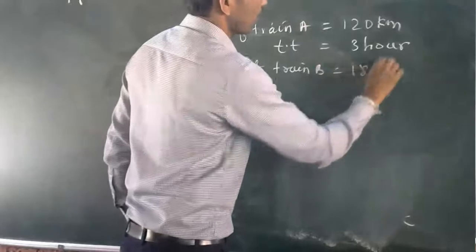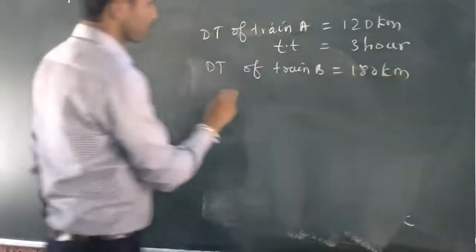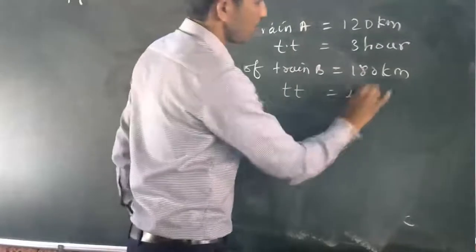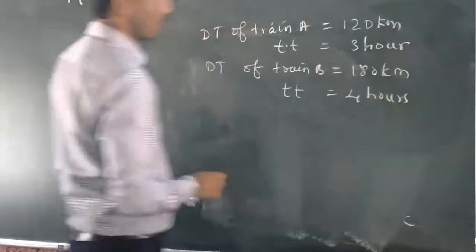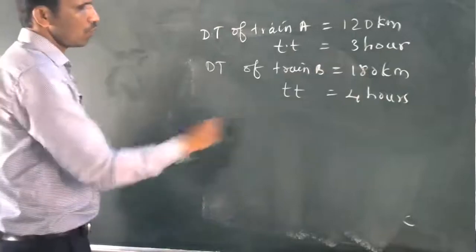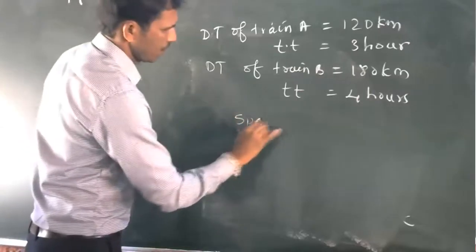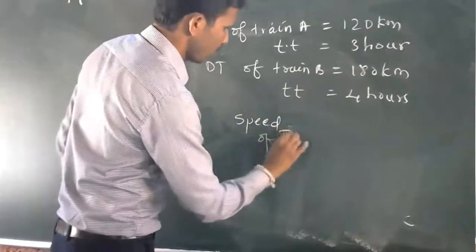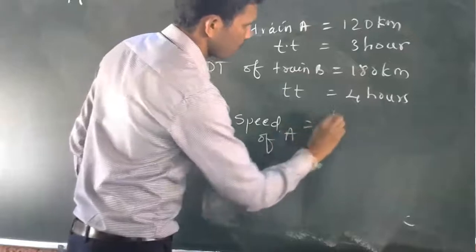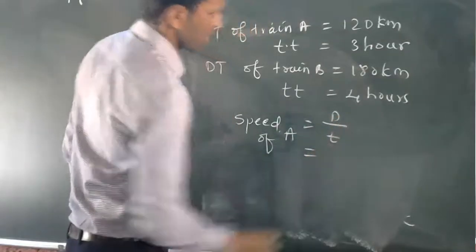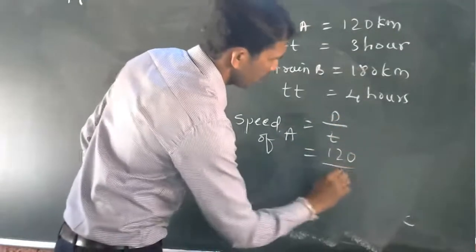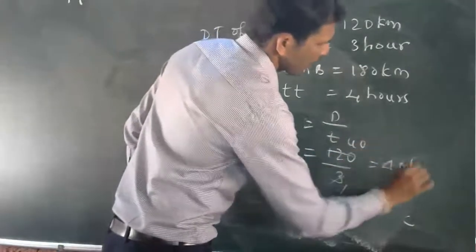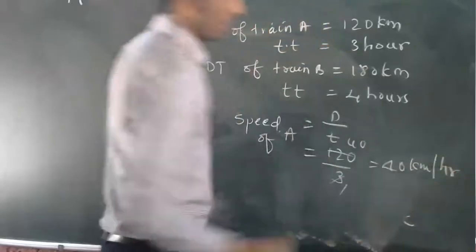For train B, 180 kilometers, and time taken is 4 hours. So now speed of A is equal to distance traveled divided by time taken. So 120 divided by 3, so 40 kilometers per hour.